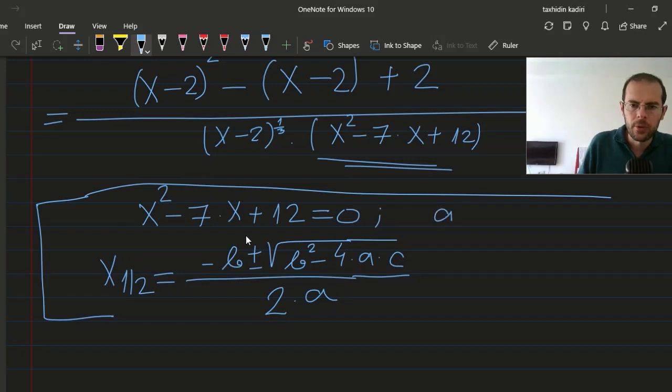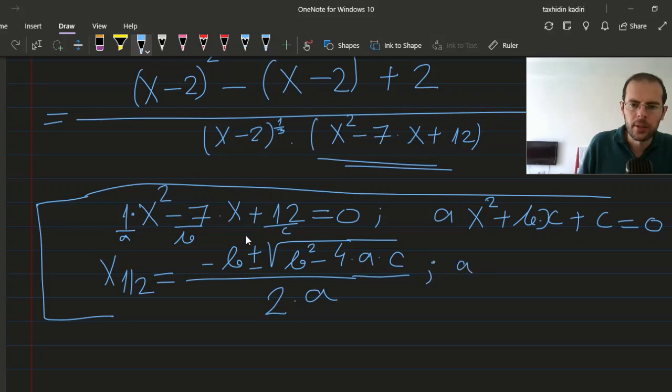Here is the formula: a x squared plus b x plus c equals 0. Here, this is the a value, this is the b value, this is the c value.